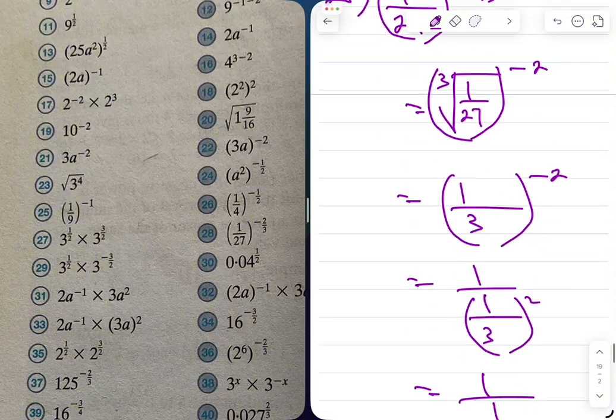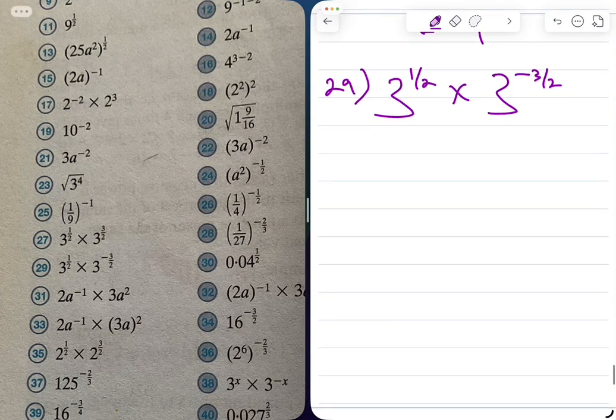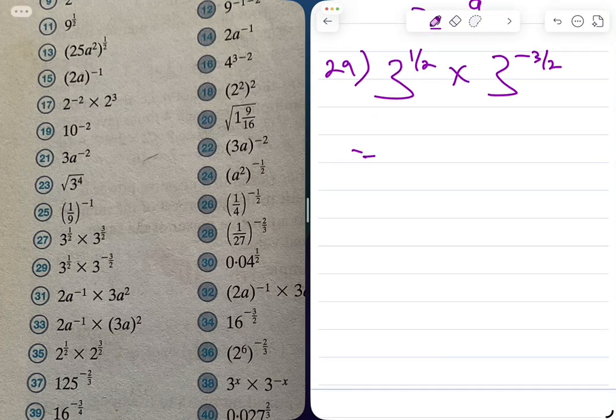Now to the next one, which is number 29. Number 29, 3 raised to power 1 over 2 times 3 raised to power minus 3 over 2. That's equal to 3 raised to power 1 over 2 plus minus 3 over 2. And this will be the same as plus times minus is minus.